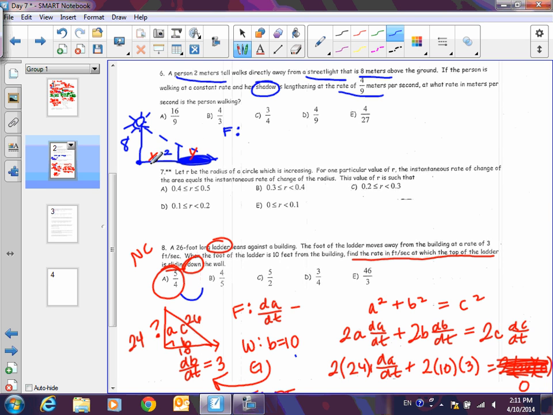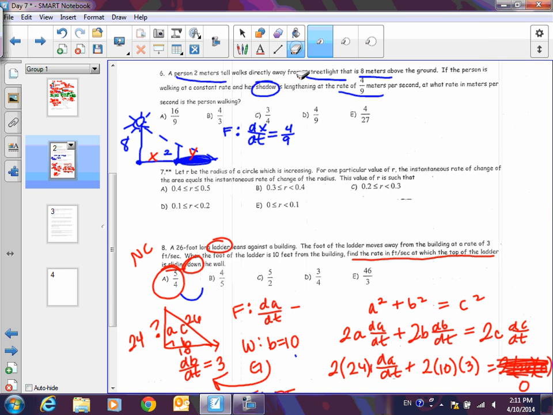Look, here's the street light, and here she is, and she's walking. Which is getting bigger? Hint, hint. x. So dx over dt, that's what 4/9 is.